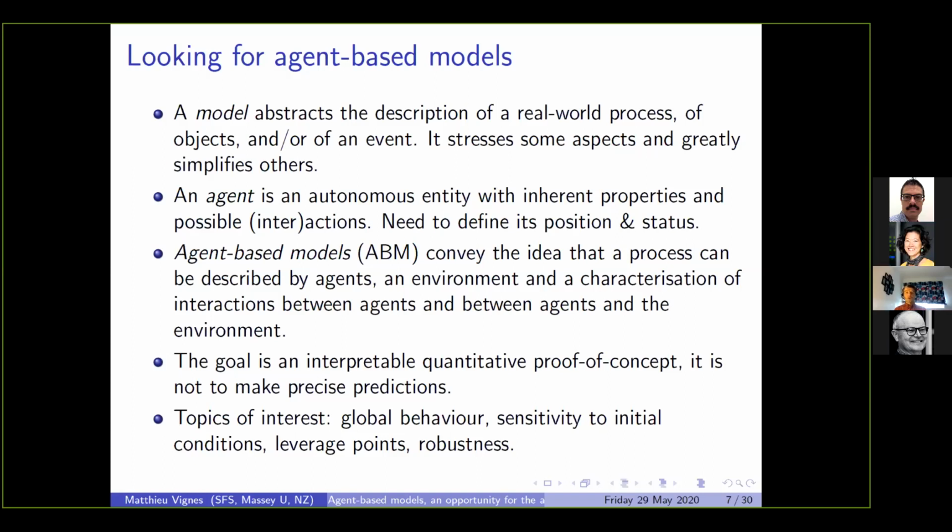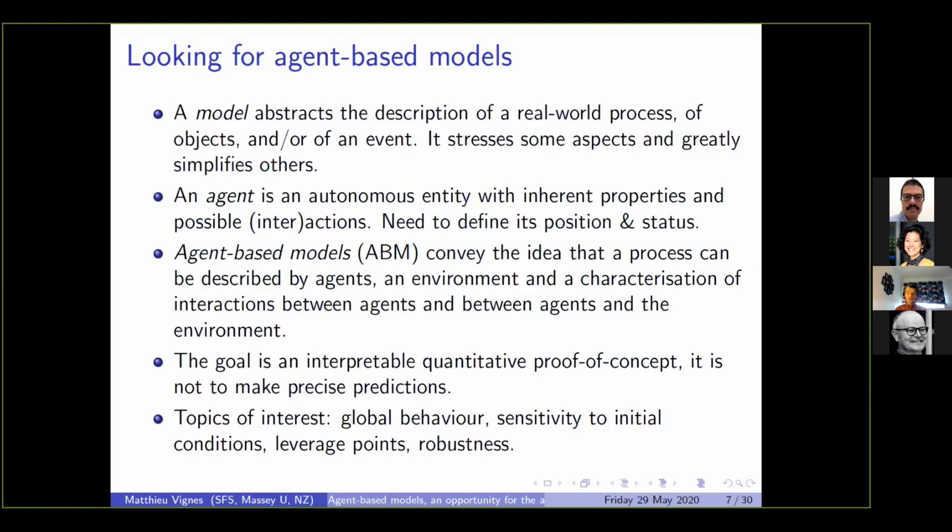And the goal is to have an interpretable but still quantitative view of the world. It's not to make precise predictions of what is going to happen. So it's not going to tell me that a food source is going to be exploited from day 2 to day 8, and then they switch to another one. I wouldn't see that. I would see general behavior emerging from the interactions of the ants.